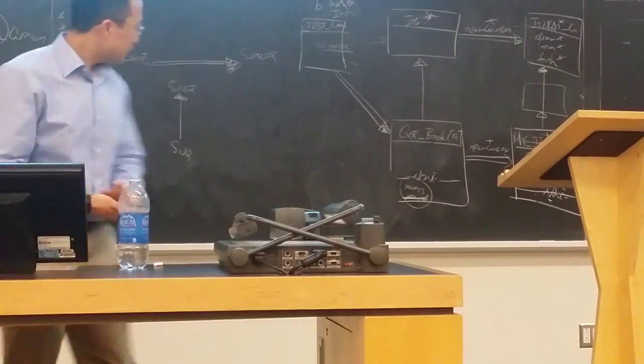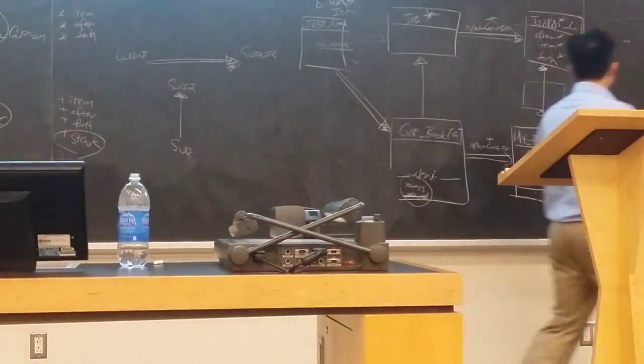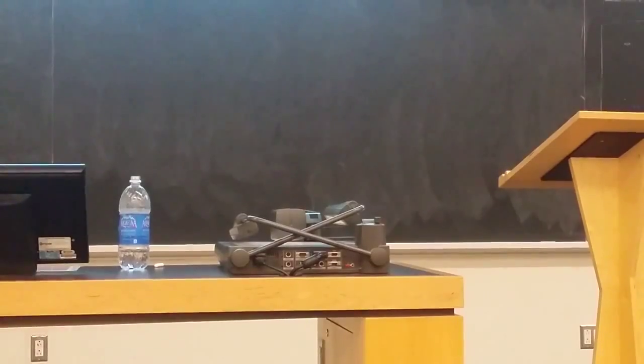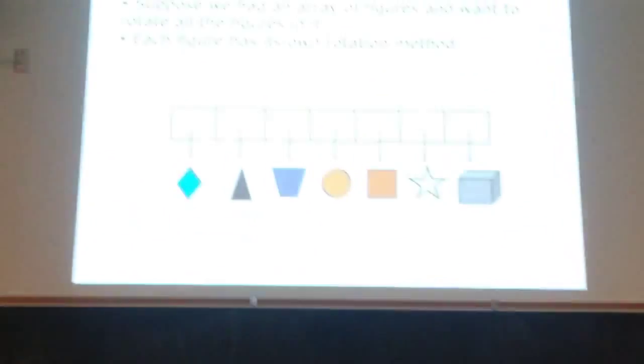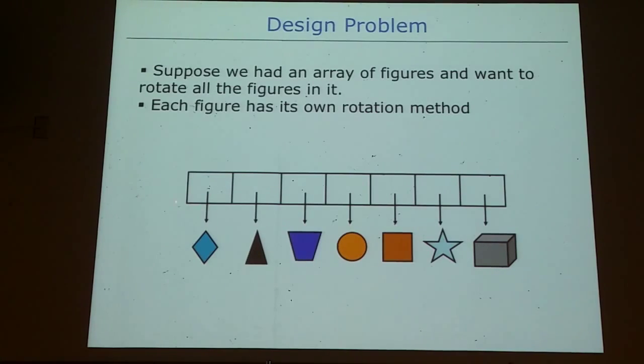Good. Okay. So now we are going to do a few more slides. And now we have some design problem here. And I'm pretty sure you know how to solve that using your Java knowledge. So let's say we have an array of figures.